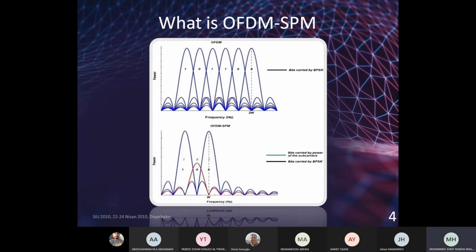But despite all the merits that have been achieved from OFDM-SPM, it was found that the additional data stream conveyed by the subcarrier's power has a higher bit error rate compared to the data stream conveyed by conventional modulation schemes. In order to overcome this shortfall, I have used 2 different methods.